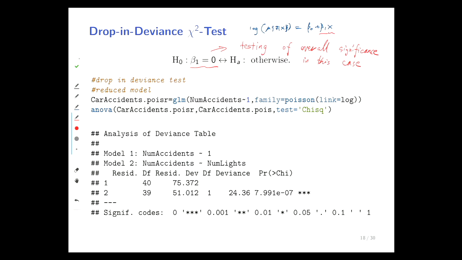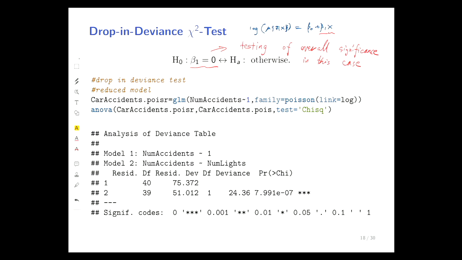And in order to perform this drop-in deviance chi-square test, I do not think that's hard, and basically the idea is similar to the binary or binomial logistic regression model. So in order to perform it, we need to consider the reduced model and also the full model.